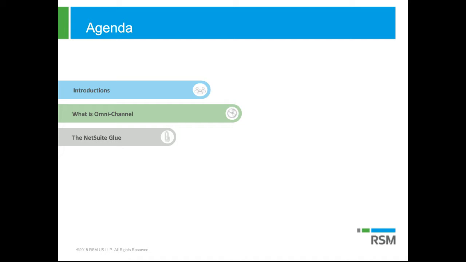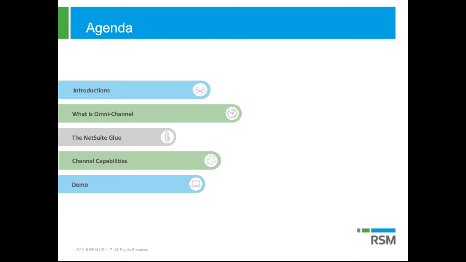We'll talk about channel capabilities. When we talk about omni and multi-channel, we'll try to identify a handful of channels that are really relevant and really hot right now, and we'll talk about some of the capabilities that NetSuite brings to each one of them. Afterwards, we'll jump into the demo, and we'll see them in action.